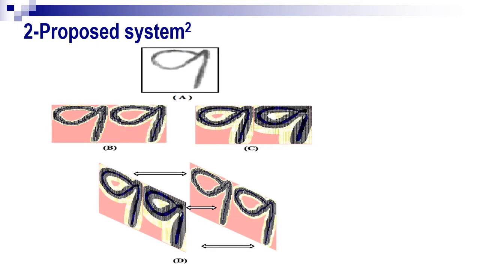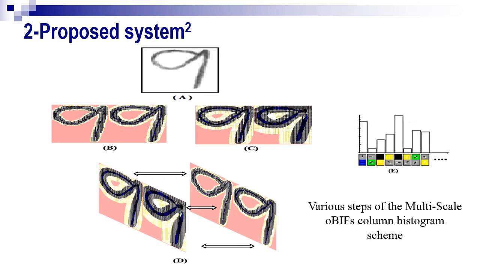This figure shows various steps of the multi-scale OBIF columns histogram. This method is efficient and robust for handwritten digit recognition and is carried out in two steps. First, we compute OBIF images for scale parameters at two or more scales to provide multi-scale OBIF images.